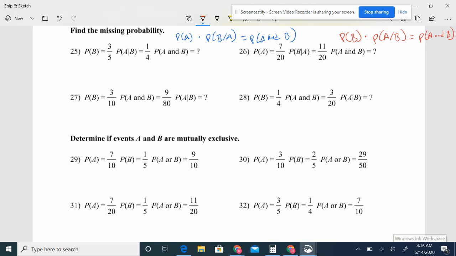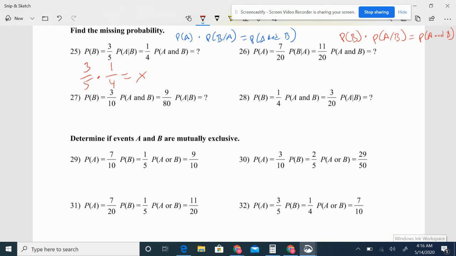All right, so that's not that bad. So let's take a look. For question number 25, I'm going to use my red formula. Probability of B is 3 over 5. I'm just going to say 3 over 5 times probability of A not B is 1 over 4. And this is equal to X because I don't know what probability of A and B is. Just multiply your fractions.